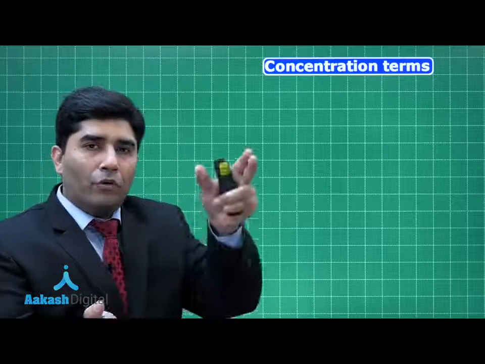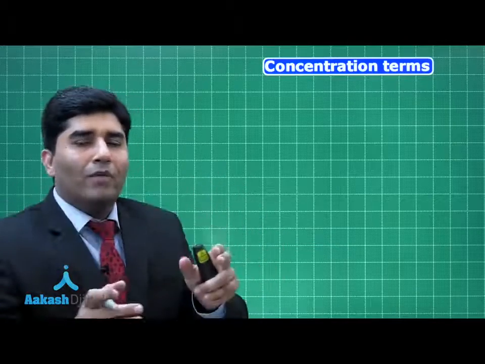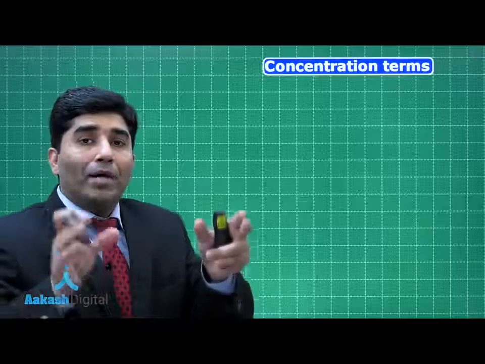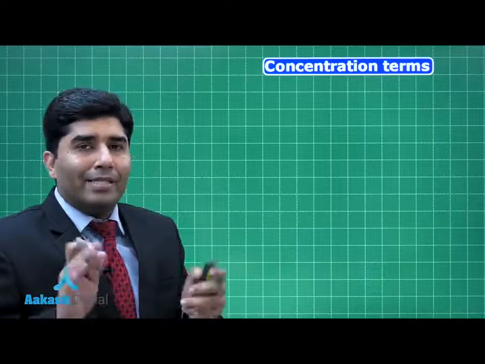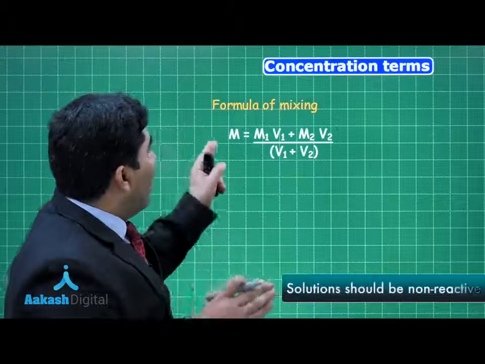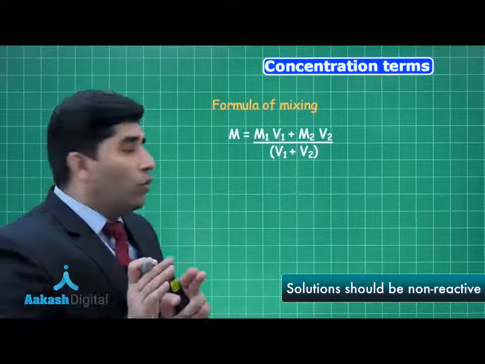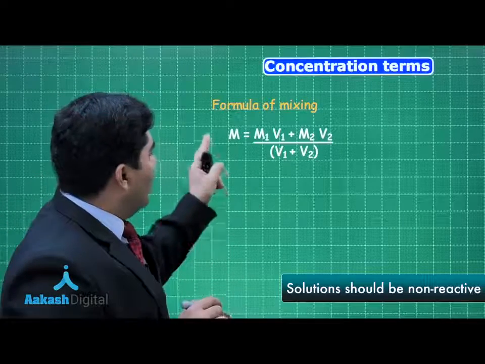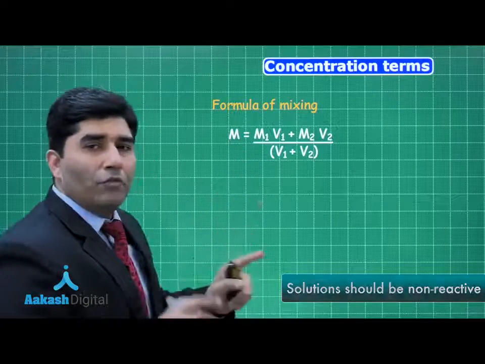If you take 1 liter and 2 liters and mix them, you will get 3 liters. But molarity is not additive, so we cannot find molarity in this manner. We have to apply the formula of mixing, that is, the molarity of the resulting solution, capital M, is equal to M1V1 plus M2V2 divided by V1 plus V2.